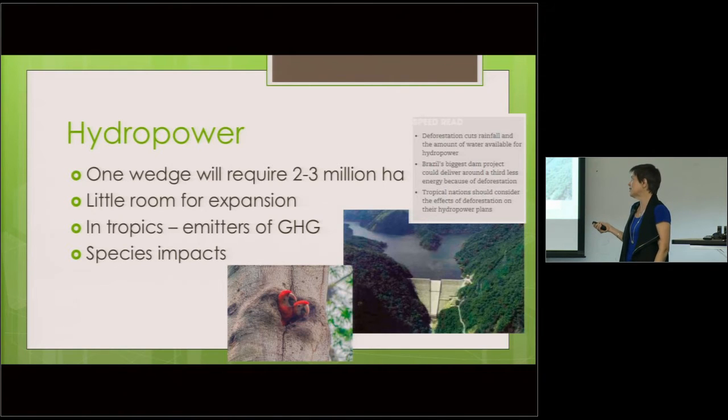So they're net emitters of greenhouse gases. And of course, if you're going to flood new areas, especially in the tropics, you're going to impact other organisms like these parrots in Belize, which really happened.